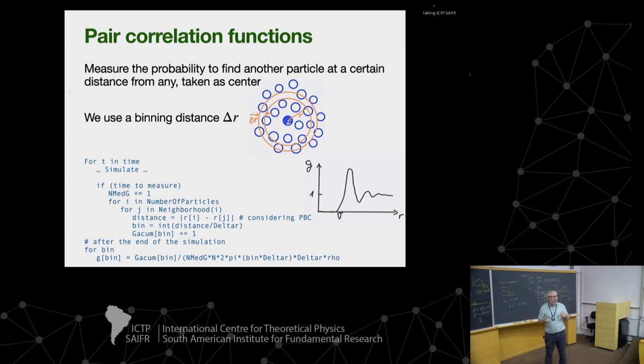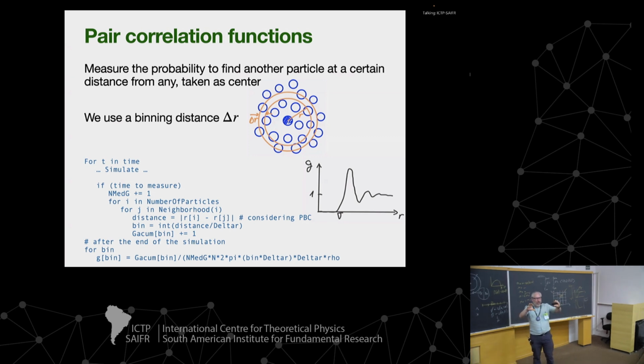But also, you don't want to measure every time step, because if you have a small delta t, the next configuration is going to be almost the same as the previous one. So you don't want to take the same snapshot 100 times. You take one snapshot, then you let particles move, you take another snapshot, etc.